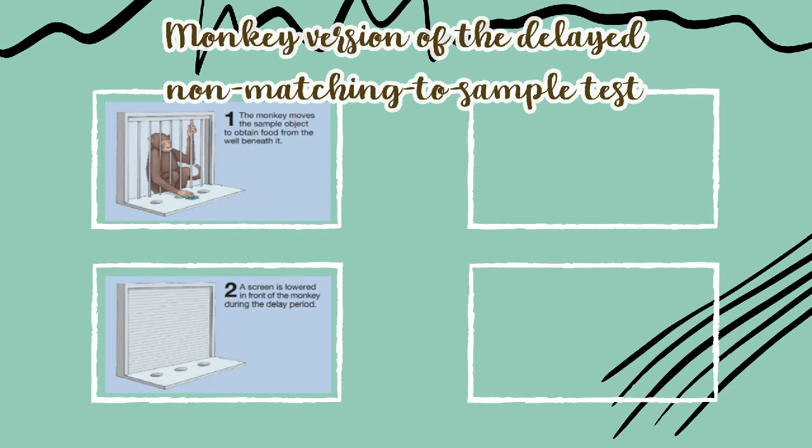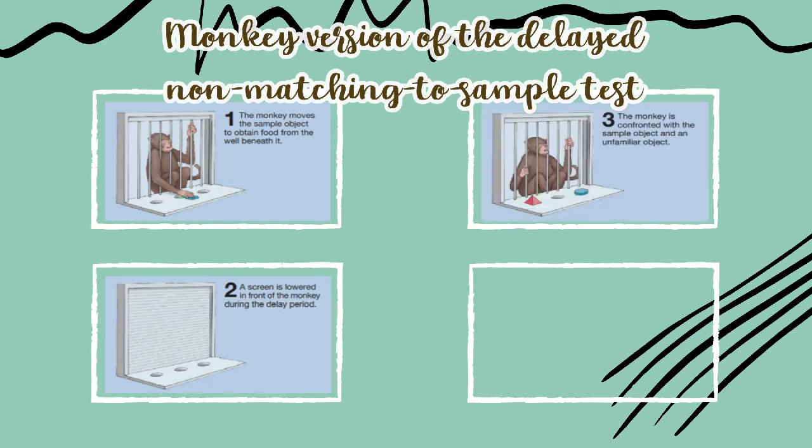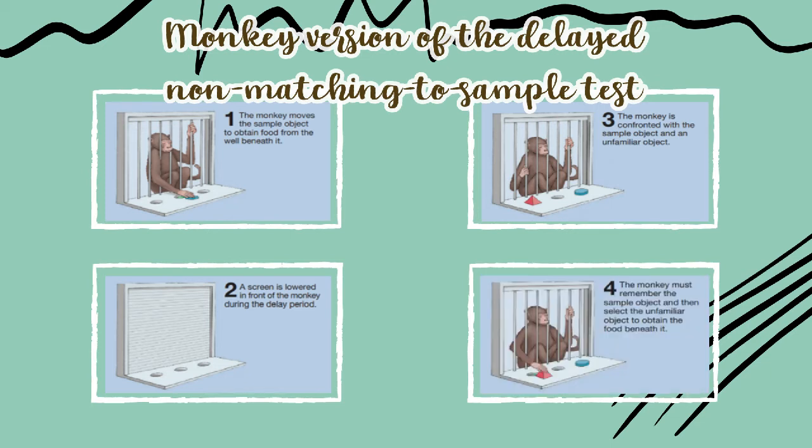Then after a delay, the monkey is presented with two test objects, the sample object and an unfamiliar object. The monkey must remember the sample object so that it can select the unfamiliar object to obtain food concealed beneath it. So the correct performance of a trial is illustrated here.